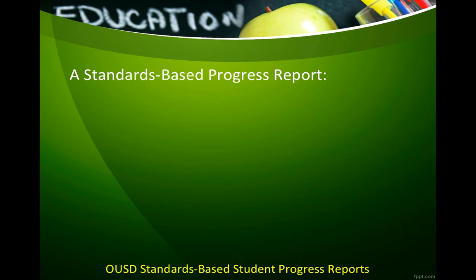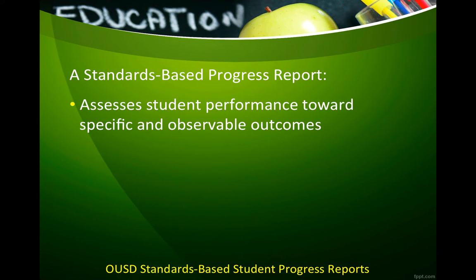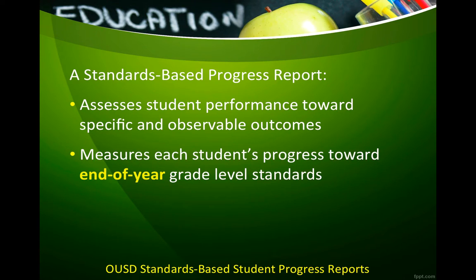A standards-based progress report assesses student performance toward specific and observable outcomes. It measures each student's progress toward the identified grade-level standards and expectations. It's important to note that the standards listed on the progress report are end-of-year standards aligned to the California state standards.